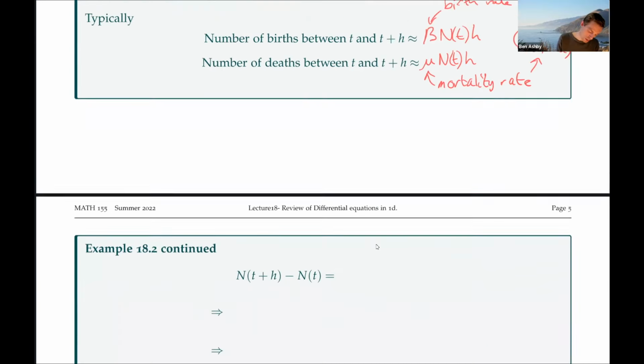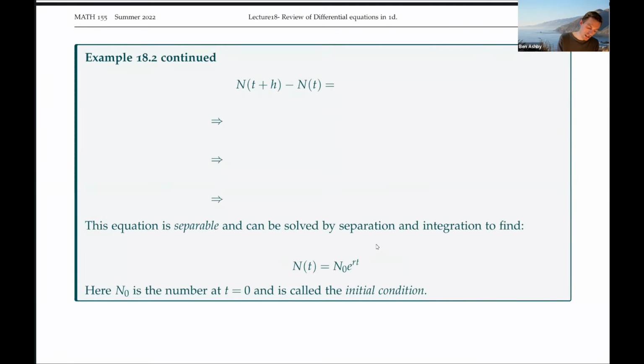So now what we can do is we can write this equation as n at t plus h minus n at t. So we're just taking that n of t over to the other side. It is going to be equal to beta times n at t times h minus mu times n of t times h. So this is just the births minus the deaths.